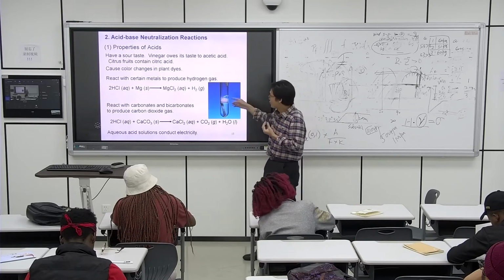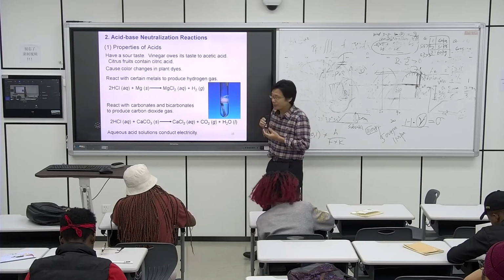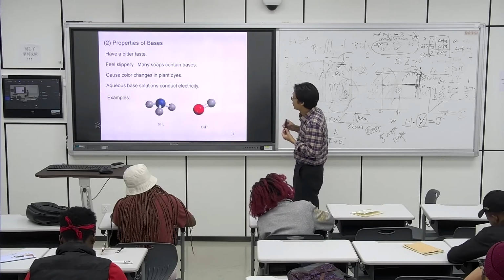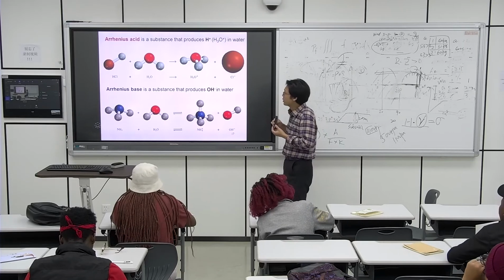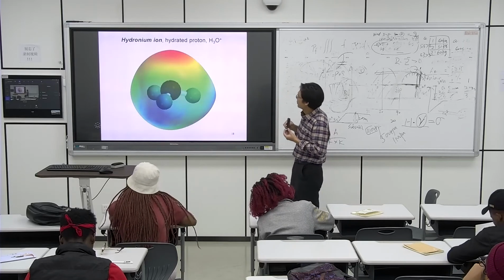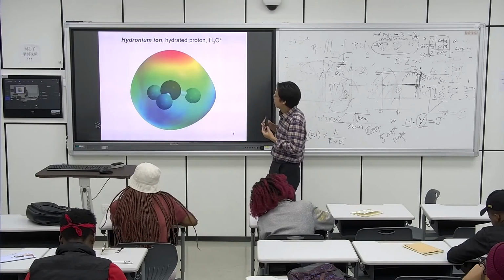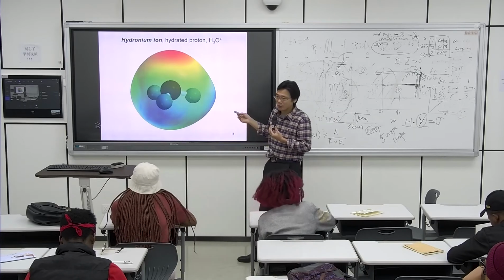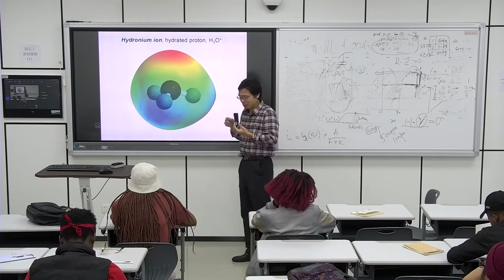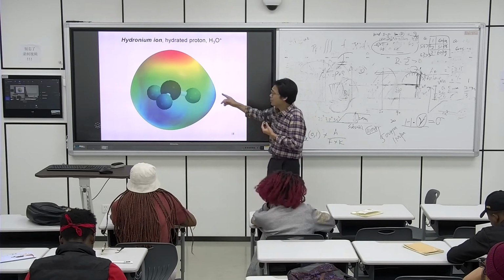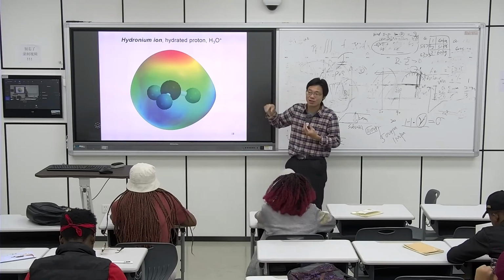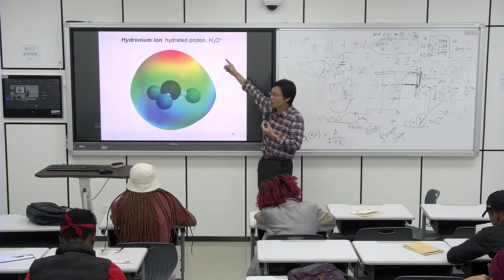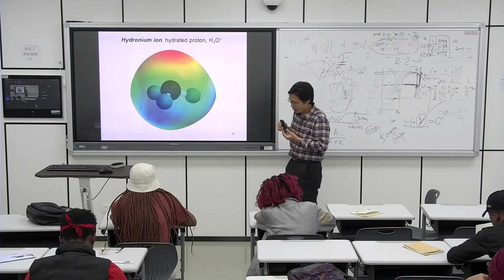So the OH comes from water. Okay, this is the first way. This is like a proton in water solution. In water solution, it will be like this. Okay. But we also simply write like H plus. But in fact, it should be H3O plus.